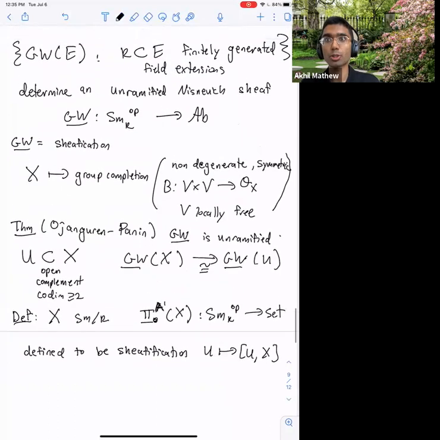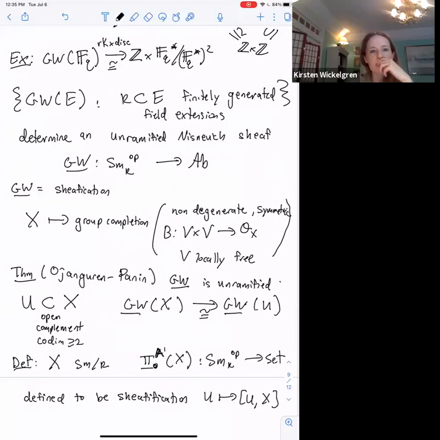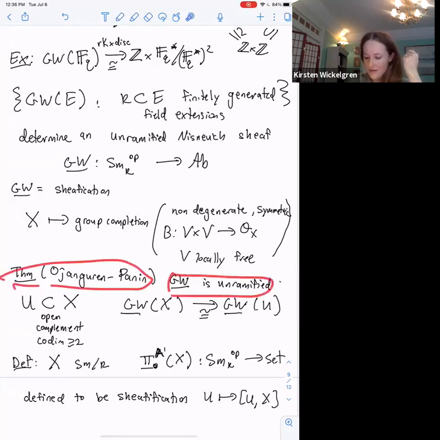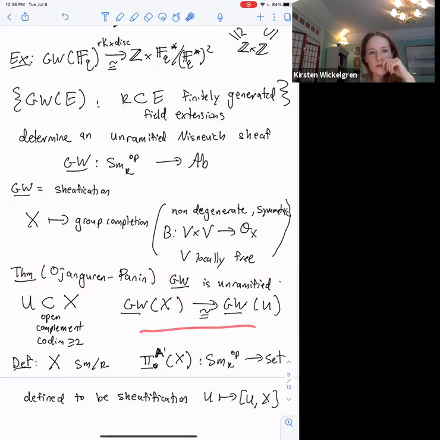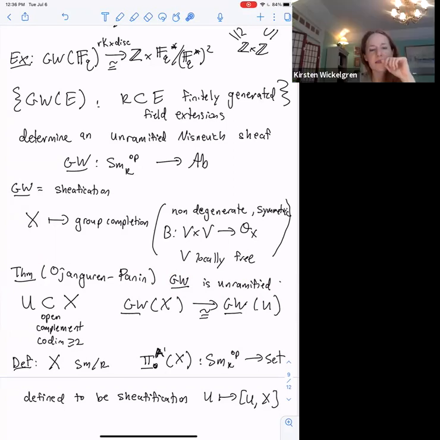Sorry, maybe I could just ask, when you say an unramified Milnor-Witt sheaf, is that the assertion in the theorem? Yes, and together maybe with the fact that you're determined on a dense open, so there's an injection from the values on X to the values on the generic point. Basically this is this assertion. But sorry, was there a claim that once you have a definition of GW for fields, then that formally determines the GW underline?